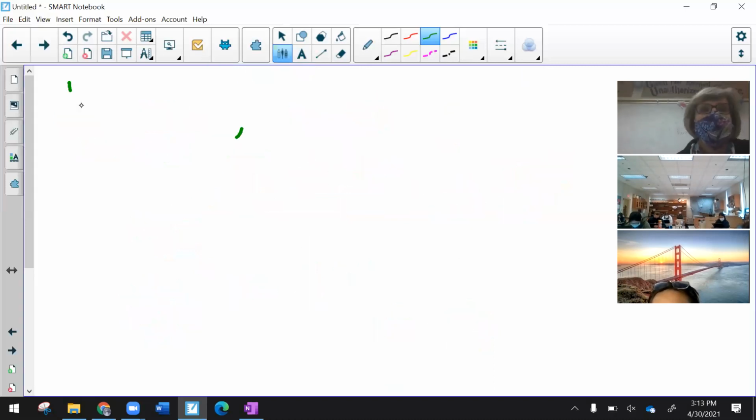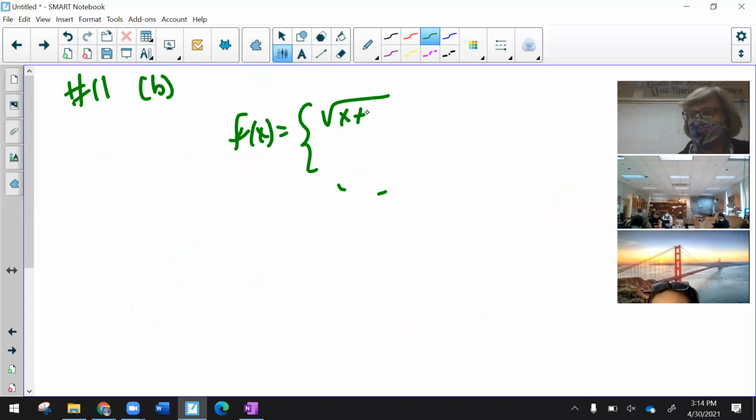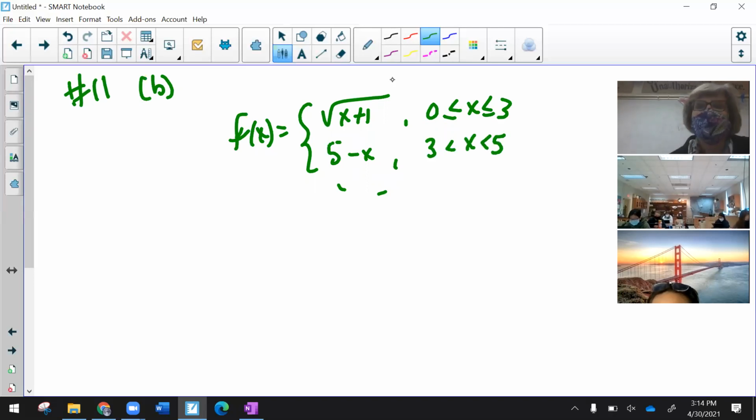Which one? 11, part B. Okay, so we have this function. f of x is equal to the square root of x plus 1 for 0 less than x less than or equal to 3, and 5 minus x for x between 3 and 5.